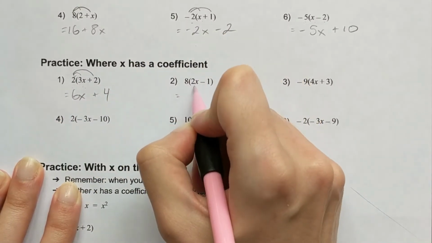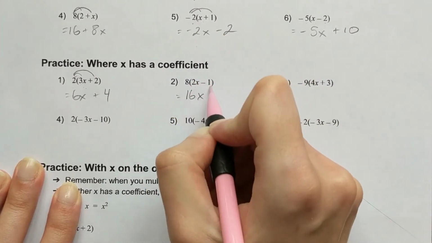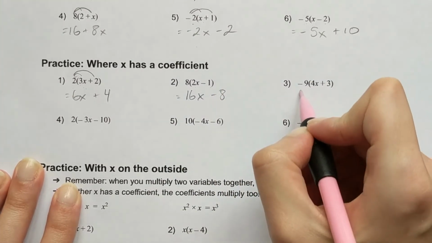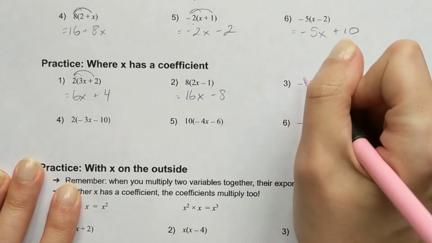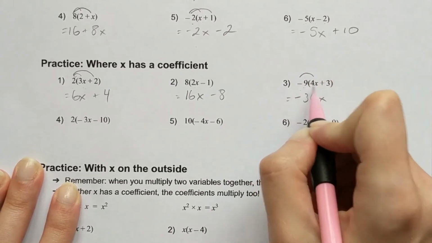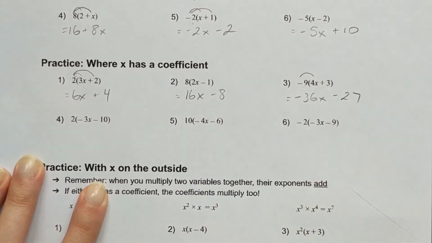Next example, 8 times 2x is 16x. 8 times negative 1 is negative 8. Negative 9 times 4x is negative 36x. Negative 9 times positive 3 is negative 27.